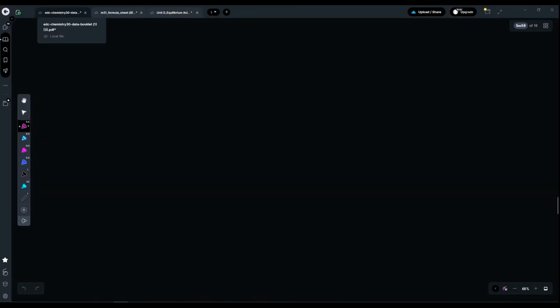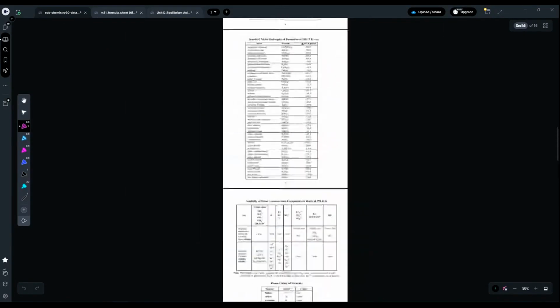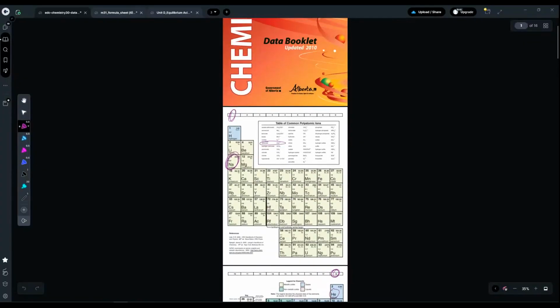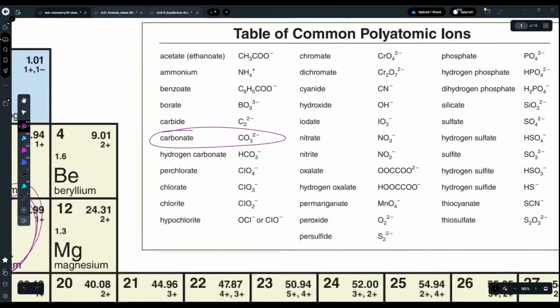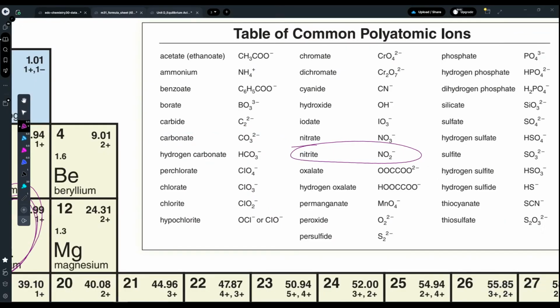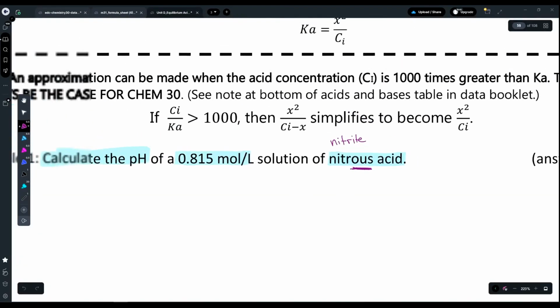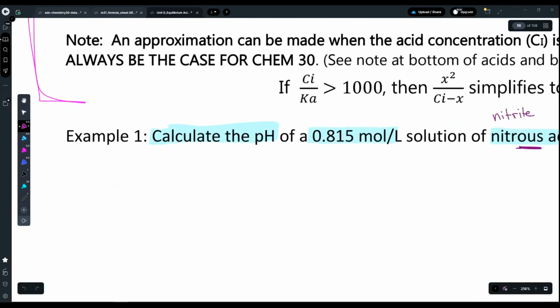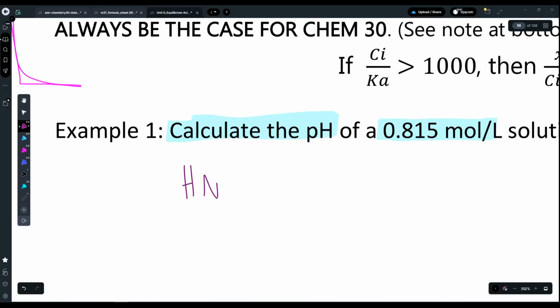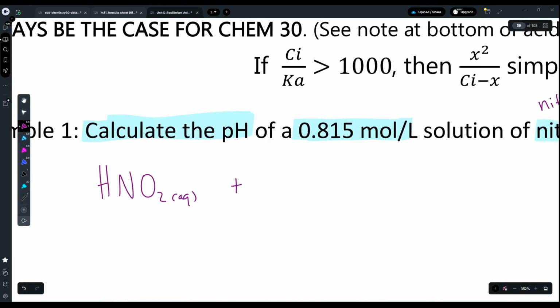If we look at our data booklet, and we look at nitrite, that's NO2 with a 1 minus charge. And then we just put in enough hydrogens to balance out the charge there. So HNO2, acids are always aqueous. Let's react it with water.